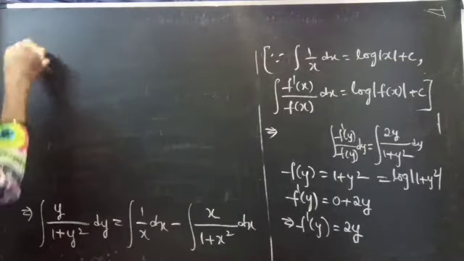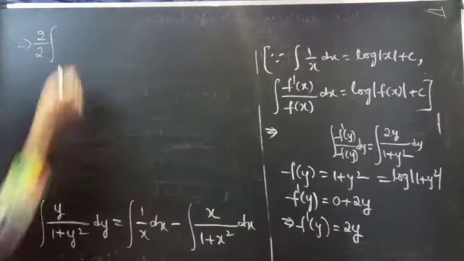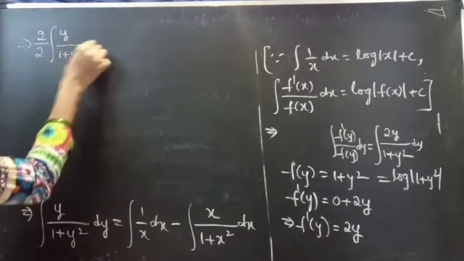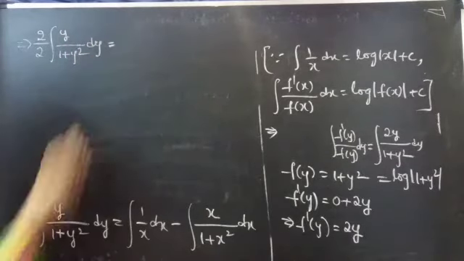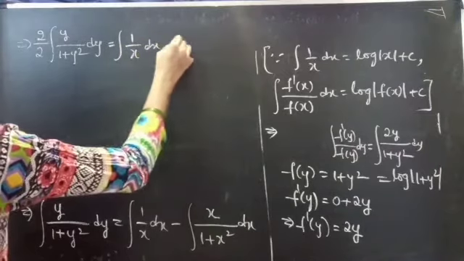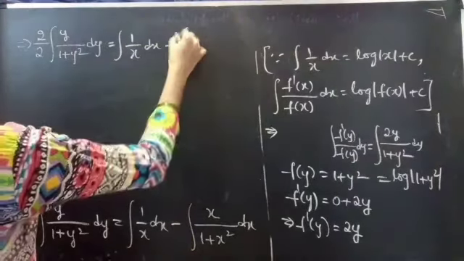Now, you can multiply and divide 2 to this integral. You'll get 2 by 2 into y by 1 plus y square into dy equals integral 1 by x into dx minus integral, here also you can multiply and divide 2.